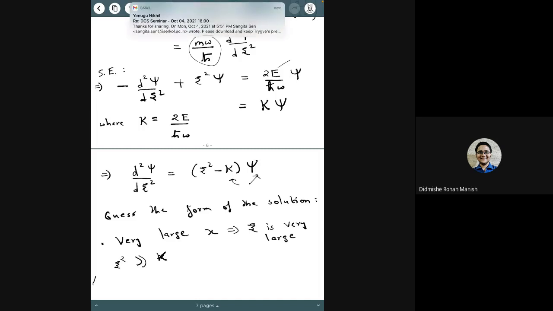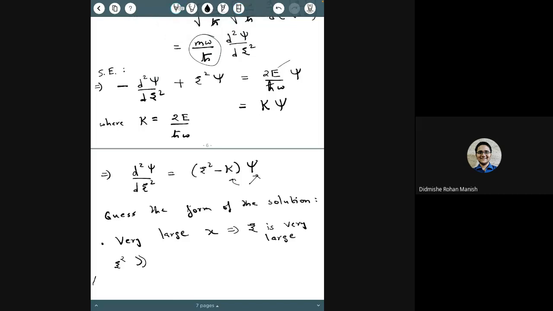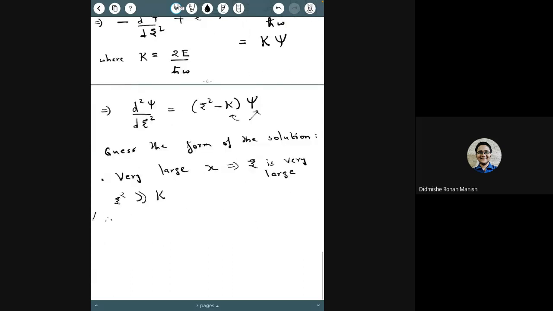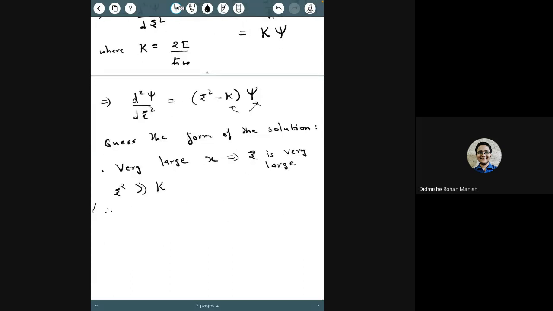This is capital K in case. Therefore, d squared psi by d xi square is now approximately equal to xi square psi.